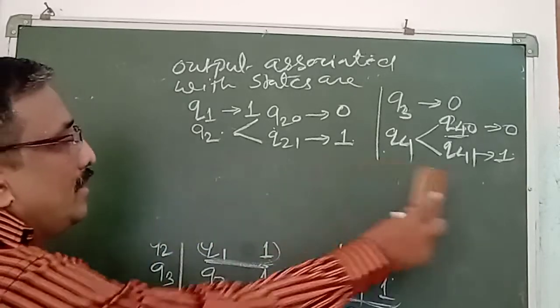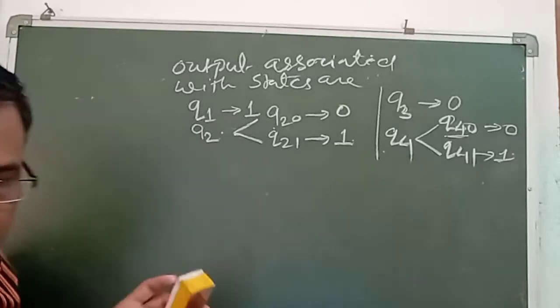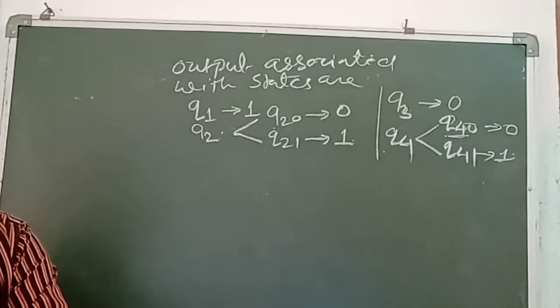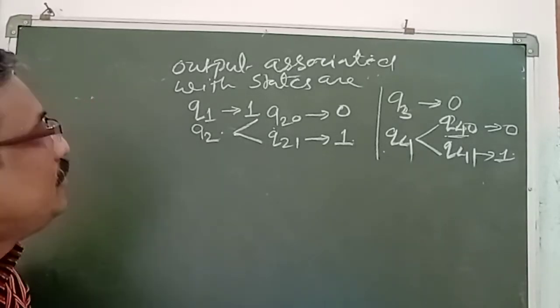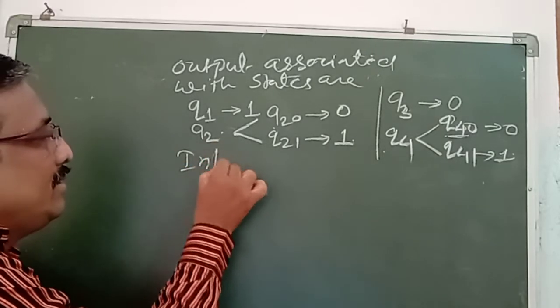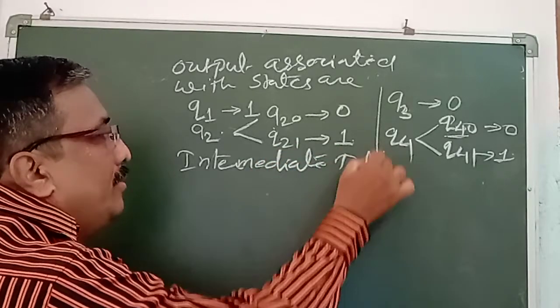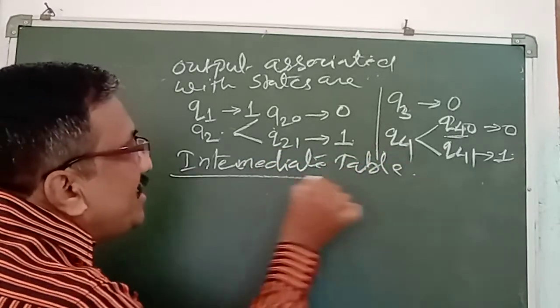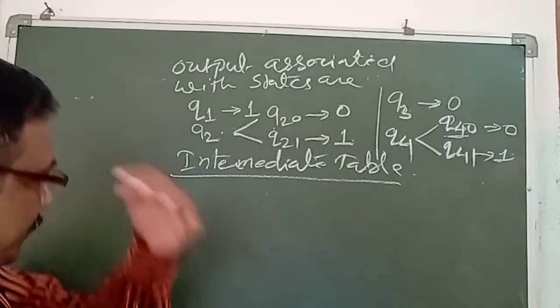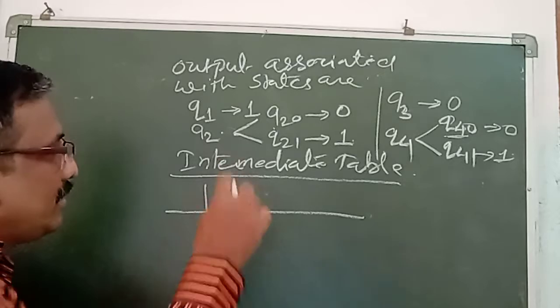Now we have to write another table which is not exactly the table of Moore machine, but it is an intermediate table. And this intermediate table is like this.